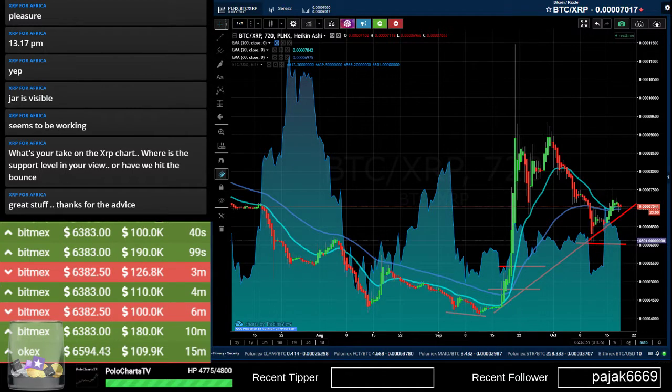And one of the things that I'm doing, I'll just bring this up. I'm trying to determine when the actual turnaround of the bull market is starting in the cryptocurrencies.